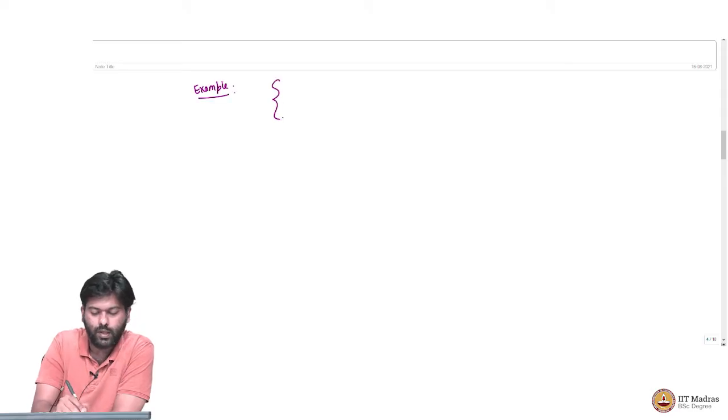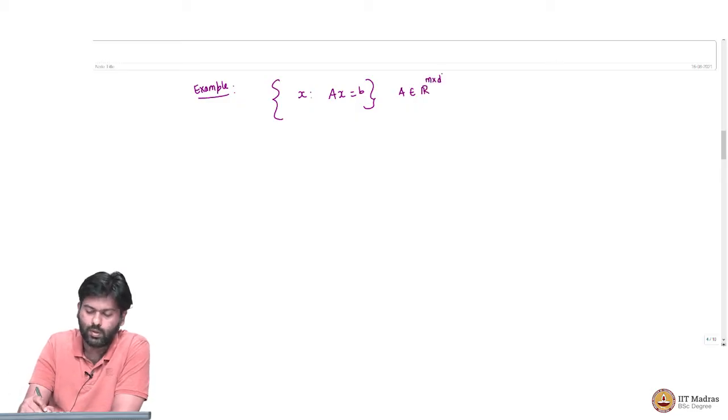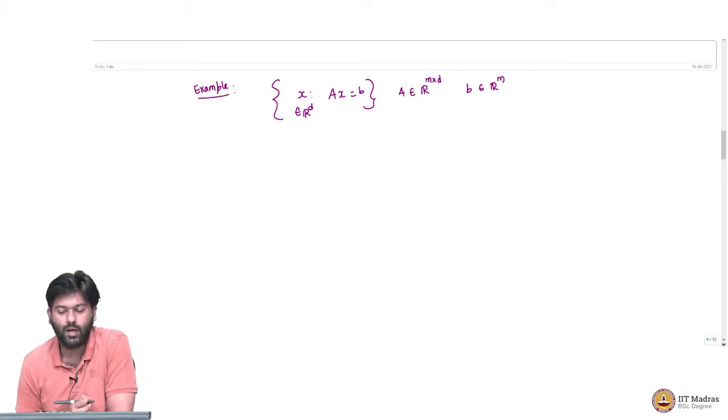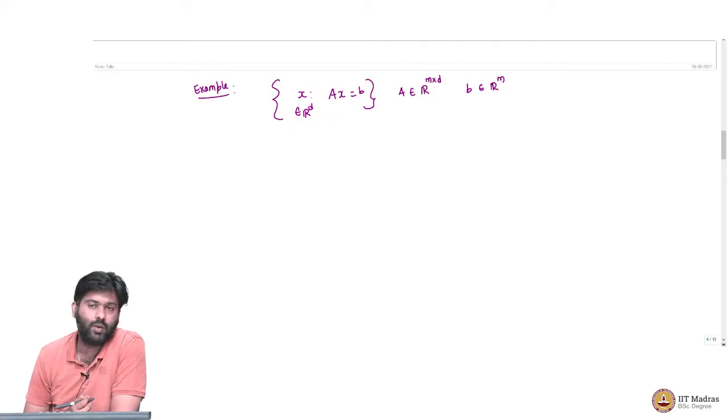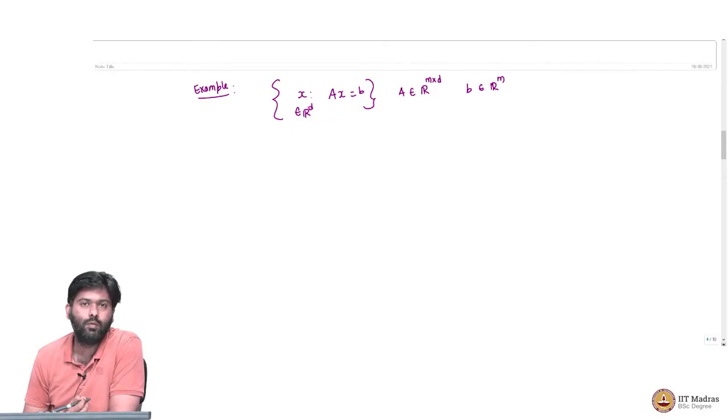Let us say we look at the set of all x in R^d such that Ax equals b, for some A, let us say m cross d, and b which is in R^m. You have a matrix A which is m cross d and a vector b in R^m, and I am just looking at the set of all solutions to the equation Ax equals b.